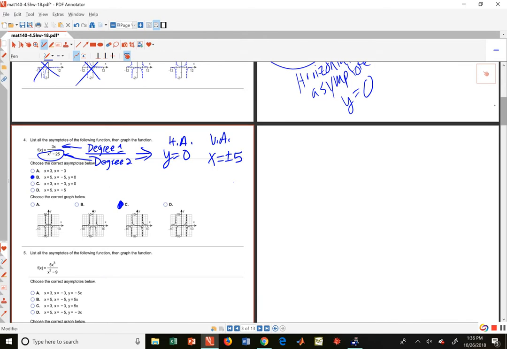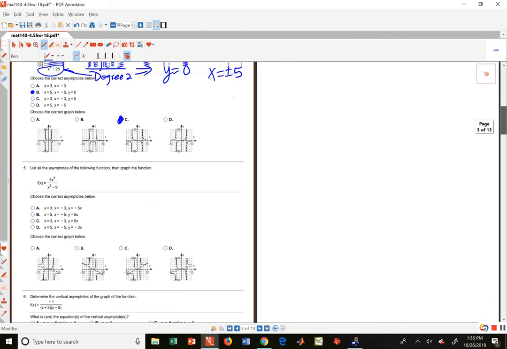All right, now the next one has an oblique asymptote, and I can tell right away the degree of the top is 1 more than the degree in the bottom.